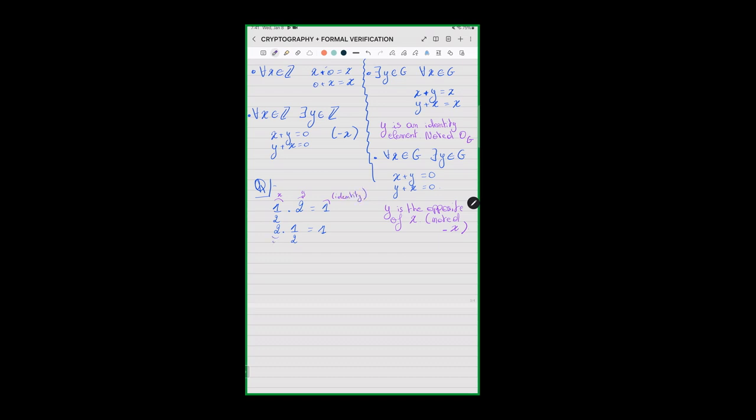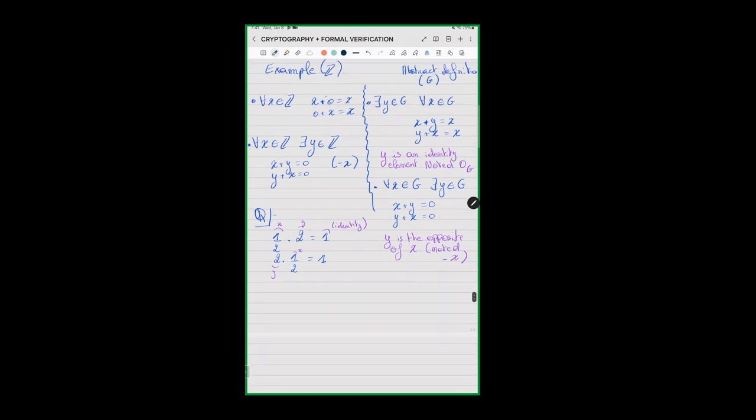So y, x, and we have the same. If we take the analogy with the plus, if we just replace the notation of the plus with the times, the multiplication, we've got exactly the same properties.